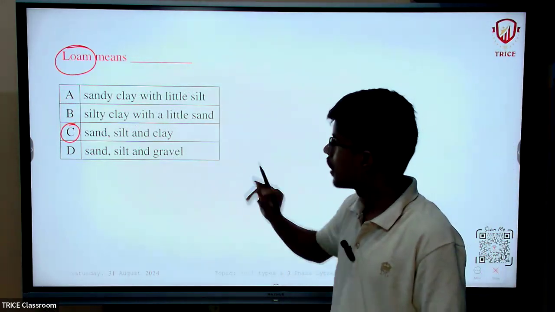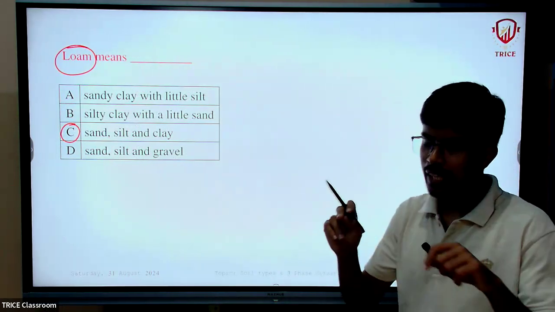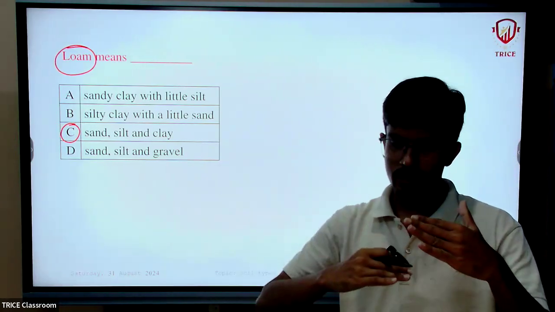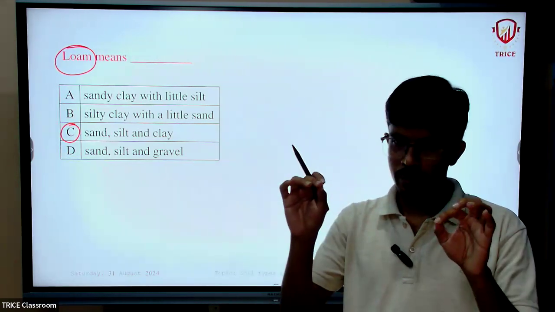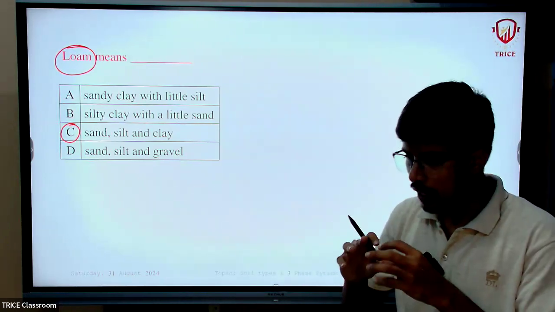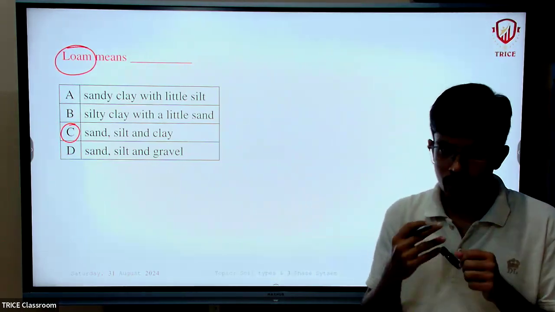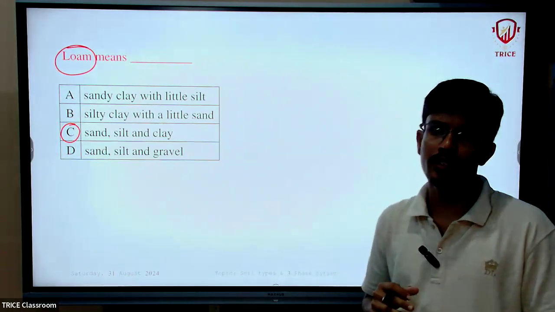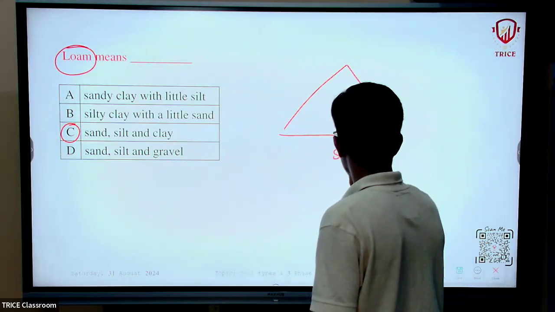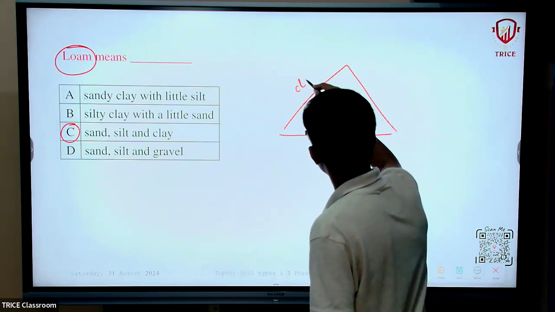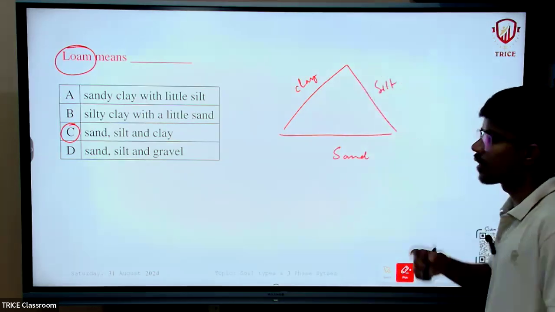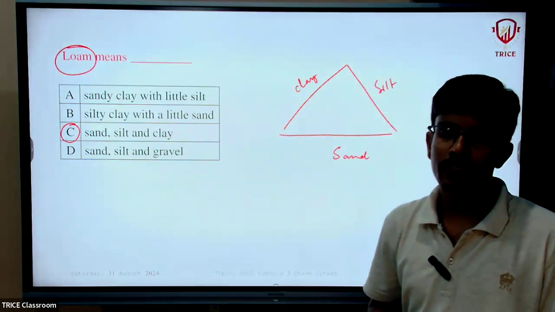We can observe this in the triangular textural classification system, with sand, silt and clay. The exact middle point, the center, is the loamy soil, where we have equal proportions of the soil, totaling 100%. One corner is sandy soil, another is clay, and another is silty soil. All this comes under the triangular classification of soil.